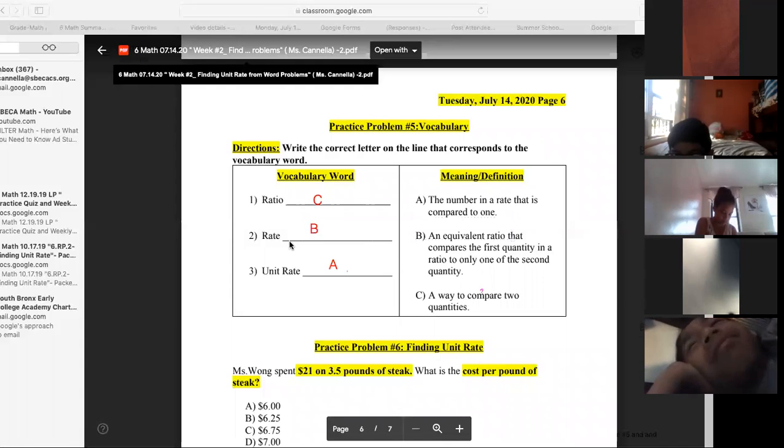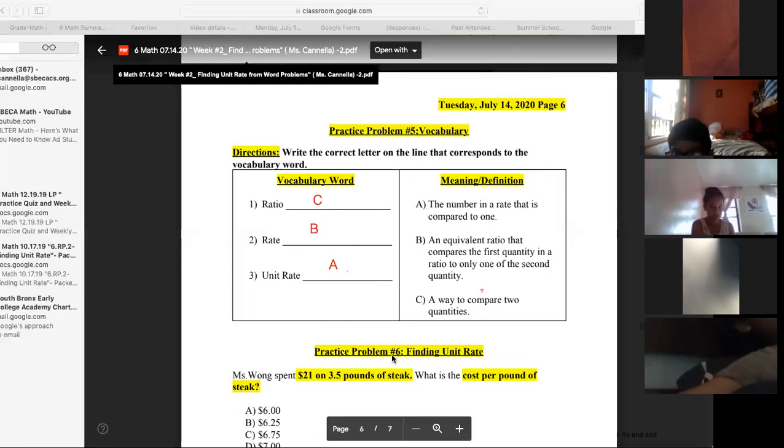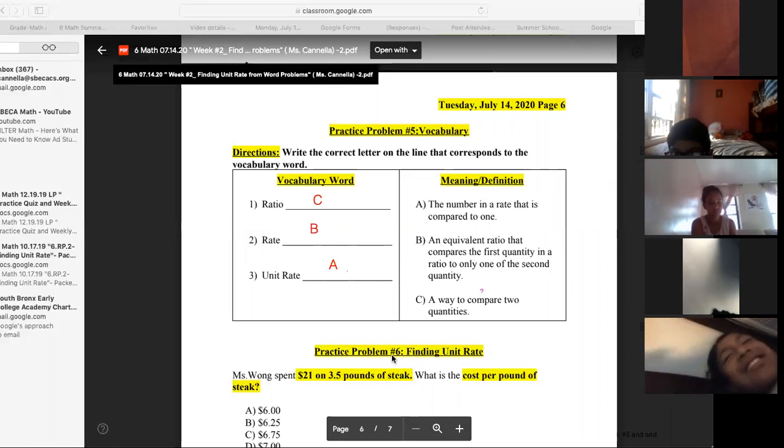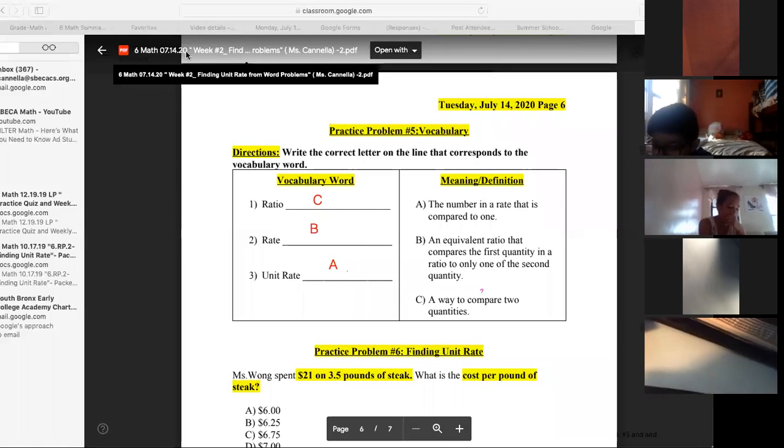Now, you're going to try to complete problem 6 on page 6 on your own. I'm going to give you 2 minutes to set this up. Begin, page 6, problem 6. Let's go, 2 minutes. I'm putting the timer on. Ready, set, go.